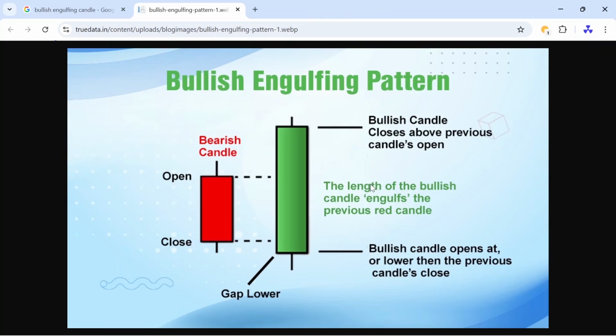Also, the length of this candle must engulf, must overshadow the previous candle's length, right? Just like this. So this is what an engulfing candle is. That means the candle on the right hand side must cover or block the view of the previous candle, which is the red one, right?